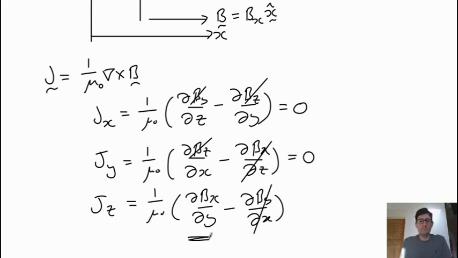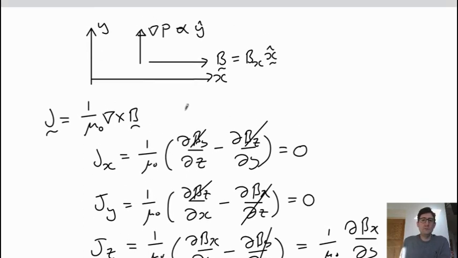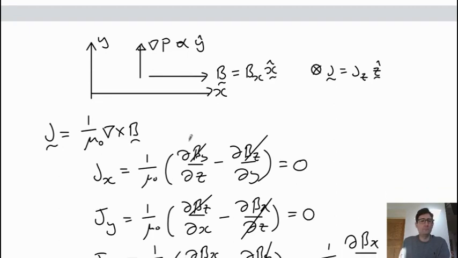So this term is potentially not 0, so this is just 1 over mu naught dBx by dy. Okay, so we have a current which is in the z direction, so we can draw this in here. So j is in the z direction. This B is just in the x direction, and the pressure gradient is in the y.